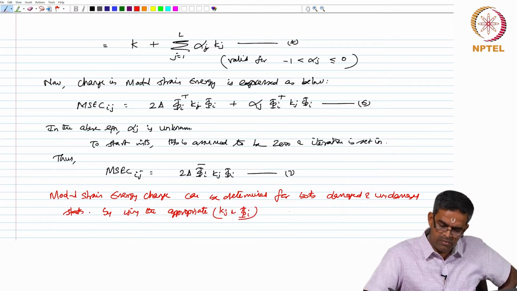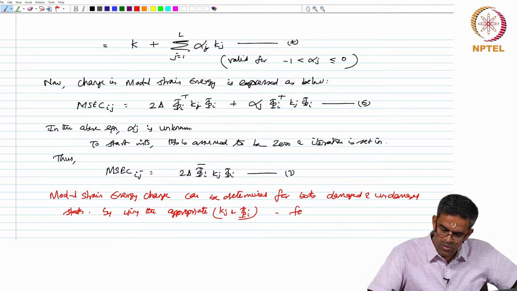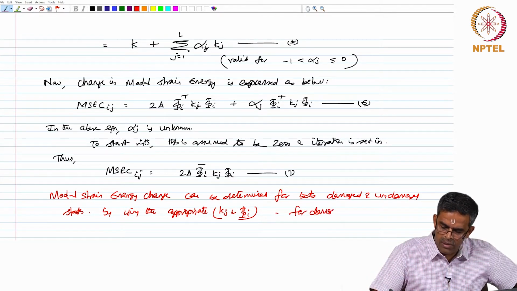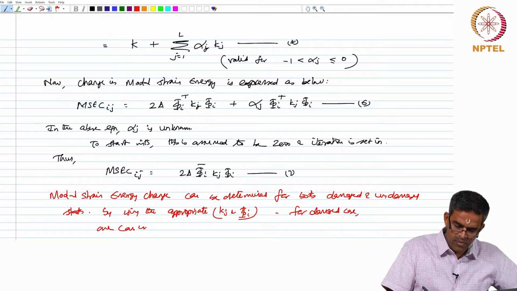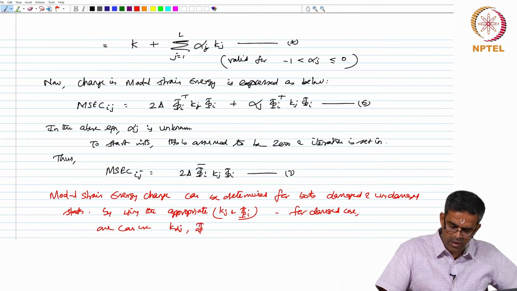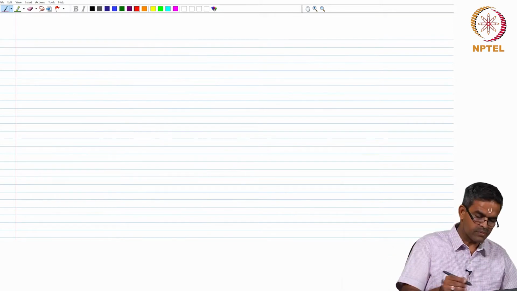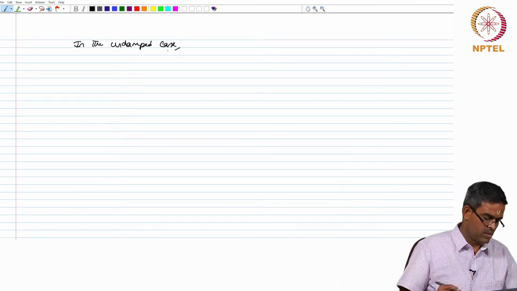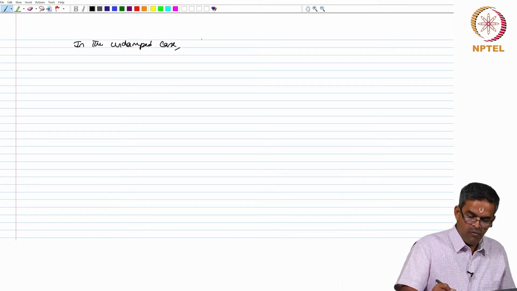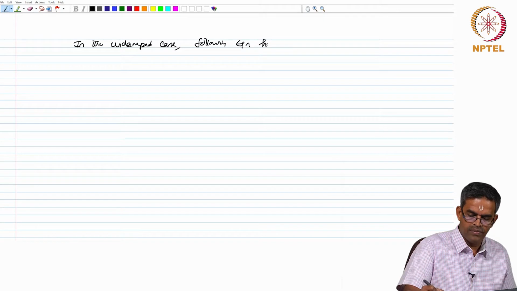For damage case, one can use K damage and phi I damage, is it not? So, in the undamped case, following equation holds good.